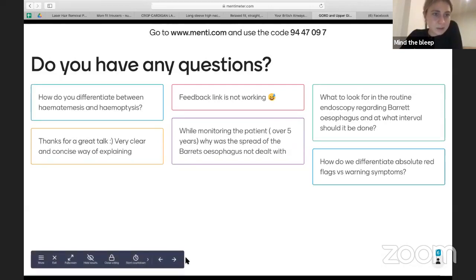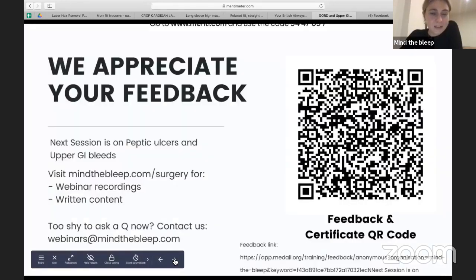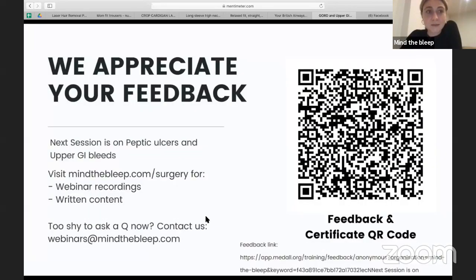How do you differentiate between hematemesis and hemoptysis? Hematemesis is vomiting up blood, so it's blood in the vomit. Hemoptysis is blood in the sputum. Sometimes it's very difficult to differentiate, but sometimes it's really obvious. You can see the patient vomiting, bringing up gastric contents, and there's blood in it.